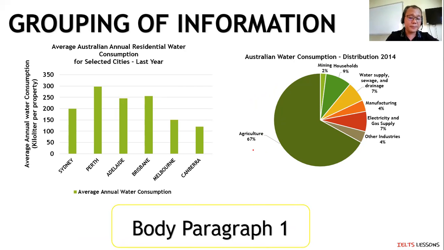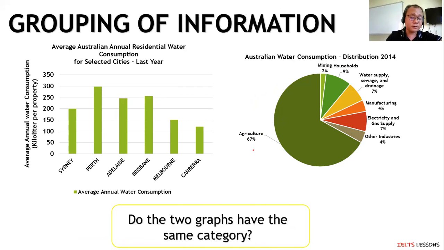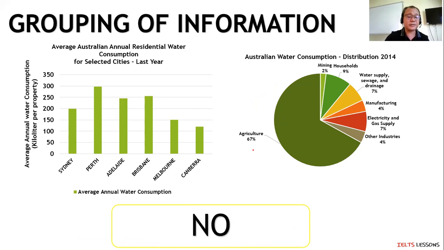So body paragraph 1: do the two graphs have the same category? The answer is no, because this is Australian water consumption to households, and this one is about distribution of water to different areas. So they don't have the same category.